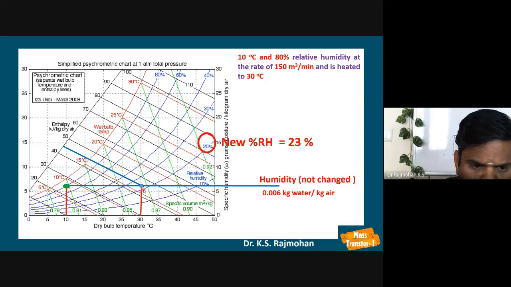So you can see that humidity line is 20% line, this is 30% line. So if you draw a curve parallel to this, we are going to have somewhere here, so that will be around less than 25. If it is here, it can say it is 50%, 25. So slightly lower than 25, we can say 23% is the new relative humidity.